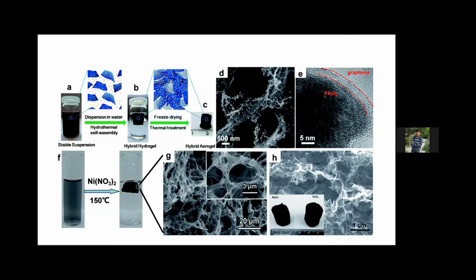After the freeze dryer we can get a sponge-like structure. We can see it here, because in that case, the water molecules inside the graphene are just frozen and we take them out.